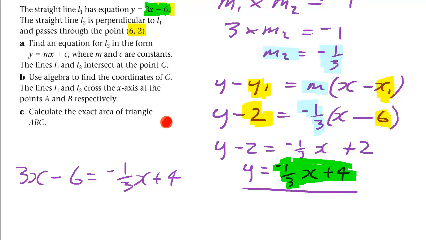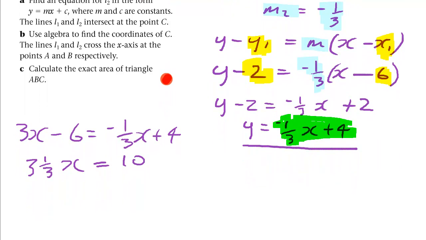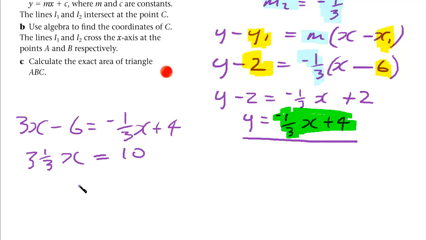So let's get all the x's onto one side and all the other values onto the other side. I'm going to add a third x onto this side, so I get 3 and 1/3 x. And I'm going to add 6 to both sides, so I lose that from that side, I get 10 on this side. Now you can do this on your calculator, but bearing in mind if you're doing C1, the module C1 as part of the A-level syllabus, you can't use a calculator.